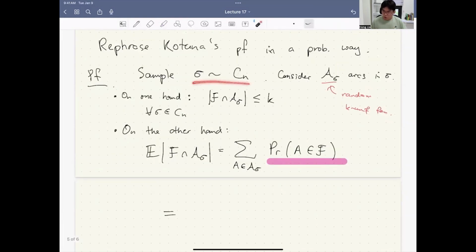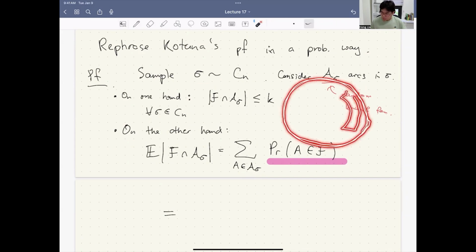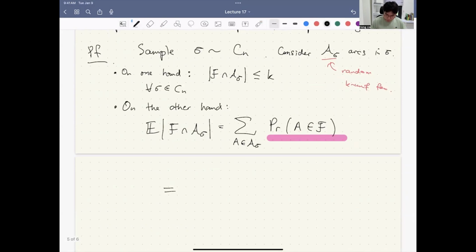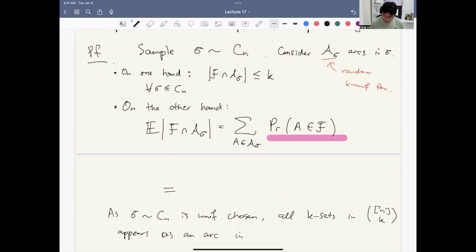Since our permutation sigma is chosen uniformly at random among all possible cyclic permutations, I should probably write it down as: sigma is uniformly chosen, so all k-sets in n choose k appear as an arc in sigma with the same probability.